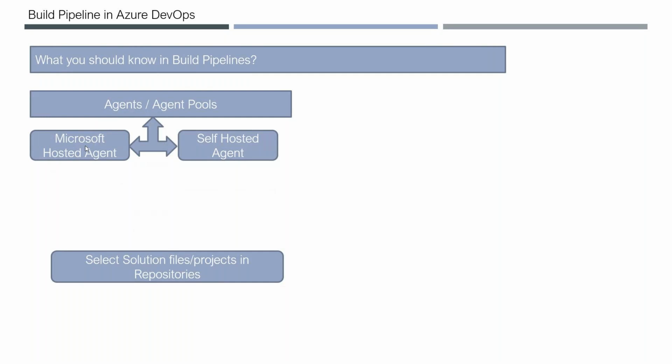When you select Microsoft hosted agent for compilation, in the backend Microsoft creates a virtual machine and installs all the software required based on the project type, and it will copy your project to that machine in the background without your awareness, and finally it will give you the output. So that's called Microsoft hosted agent. What is self-hosted agent?